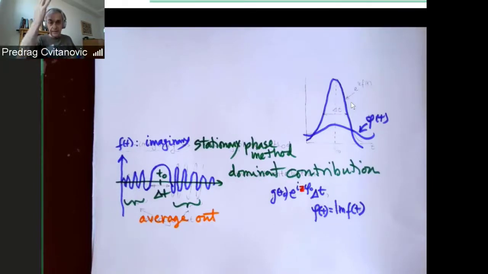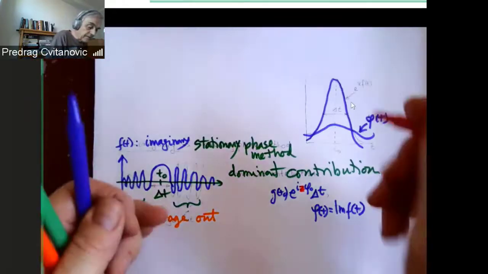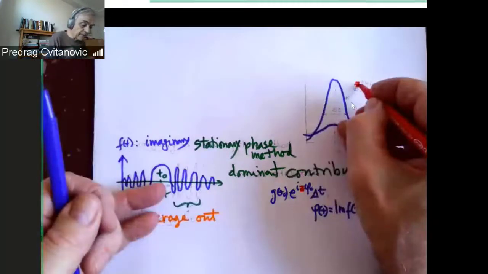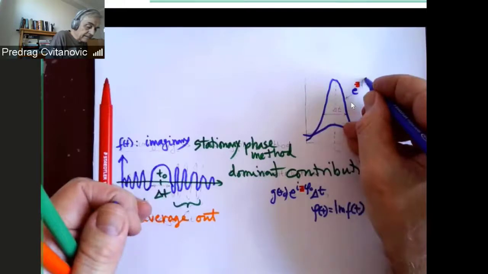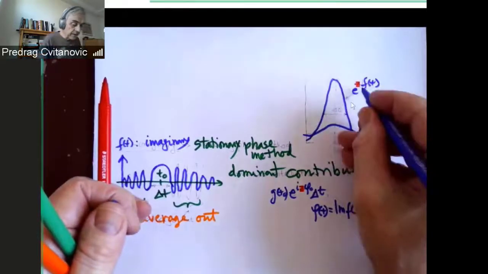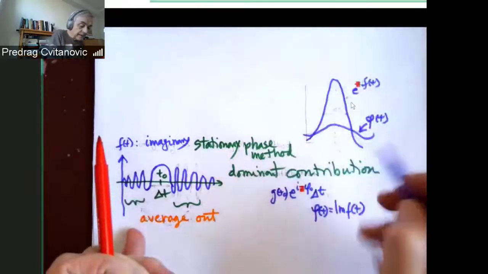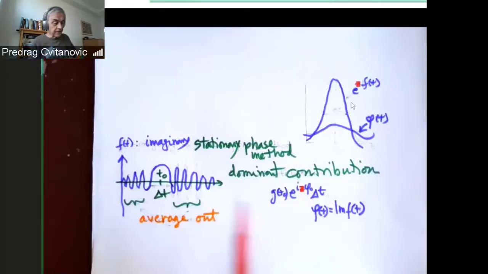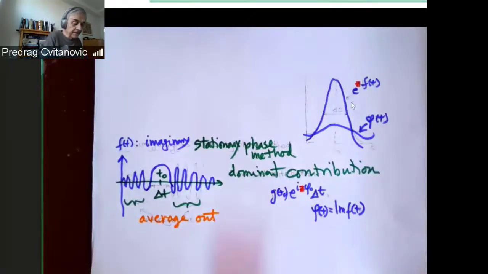It says it's dominated by the large exponential. Why is it dominated? Because there is this z that's going off to infinity, is getting to be large. And then when this is getting to be large, this gets more and more peaked, and this approximation gets better and better.